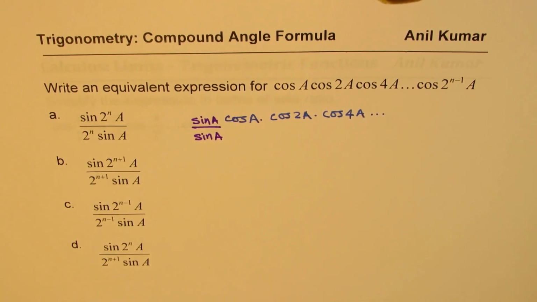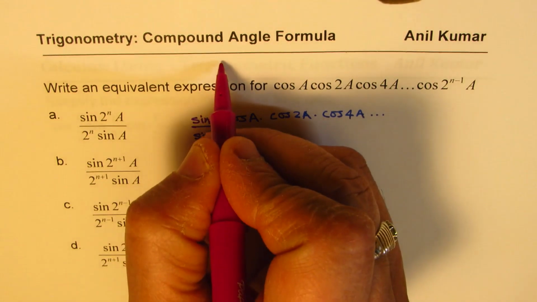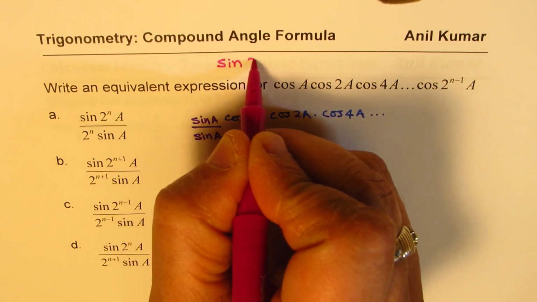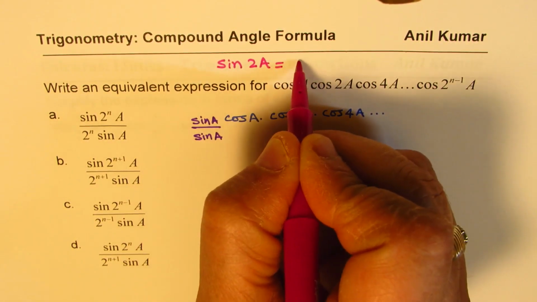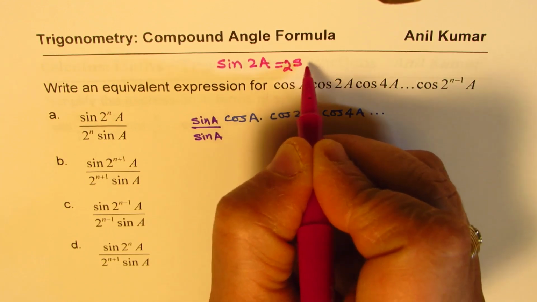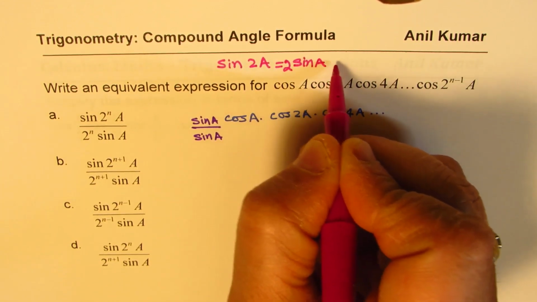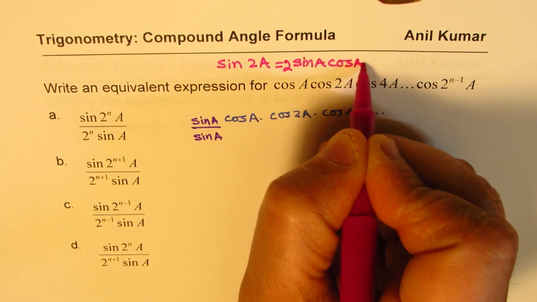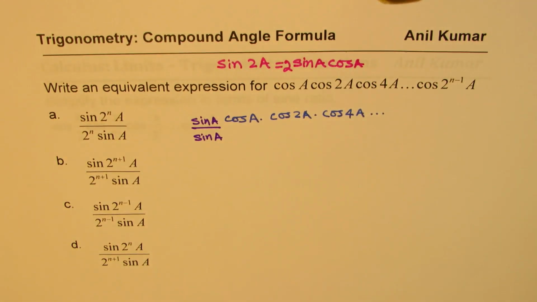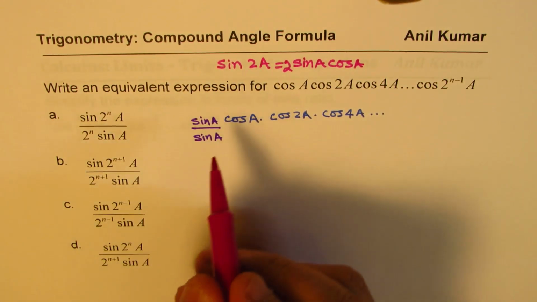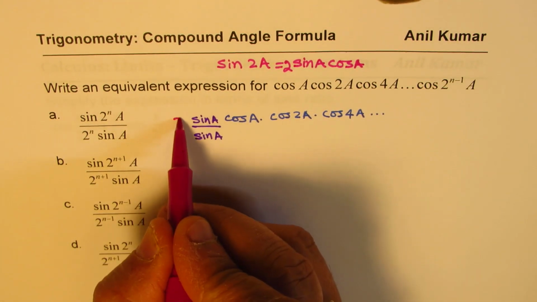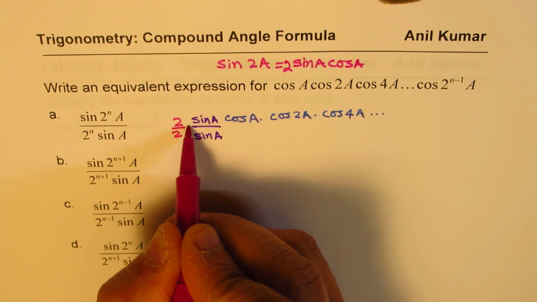Well, we know that sin 2A is equal to 2 times sin A cos A. Right. So what we can do now is we can make it 2 times, and so we'll multiply and divide by 2 also.